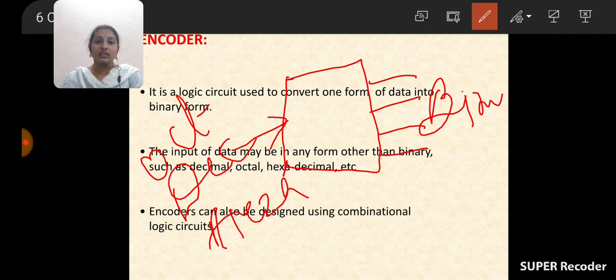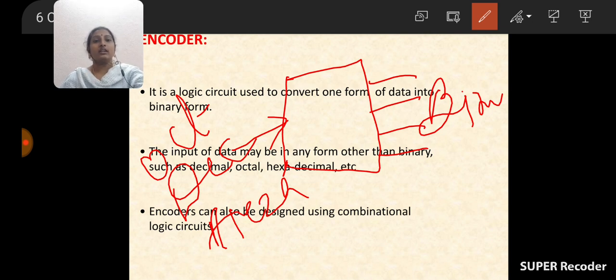The output is only binary, and binary to binary conversion is not possible at all. So the input of the encoder is only octal, decimal, or hexadecimal, and the output is only binary. Is it clear?